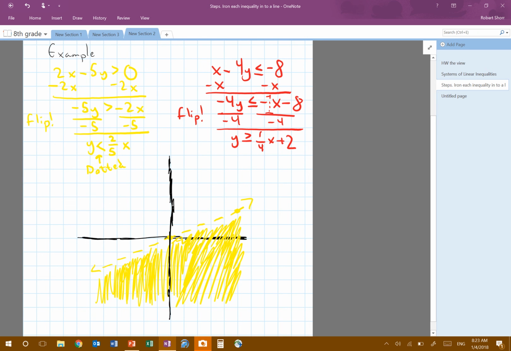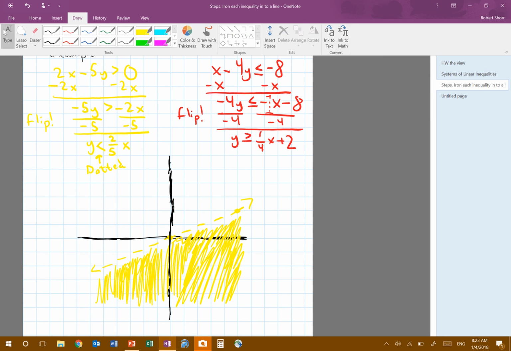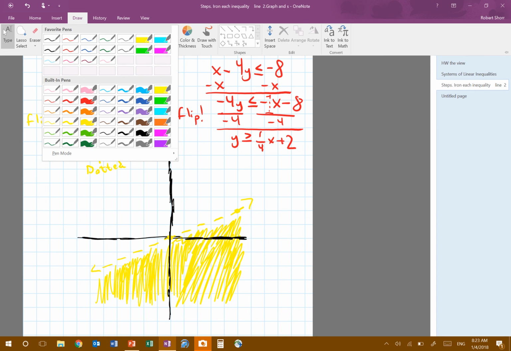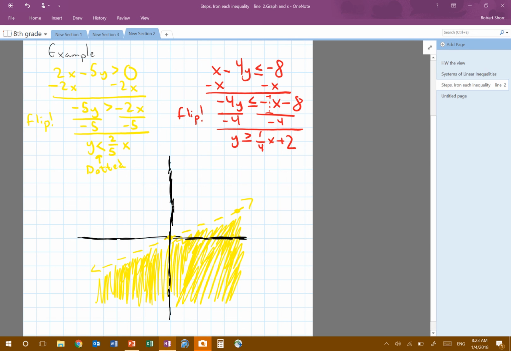Alright. The other one is y-intercept plus 2. That means go up 2. A slope of 1/4 means up 1 over 4.